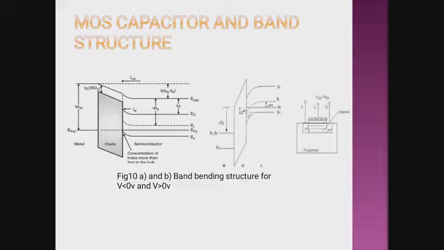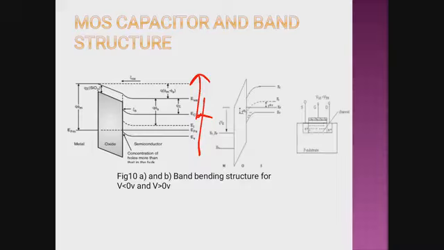So if I am shifting this level upward, what will happen? My Fermi level remains the same, because once I have applied the voltage, it is again in an equilibrium situation, so there will be no current flowing.